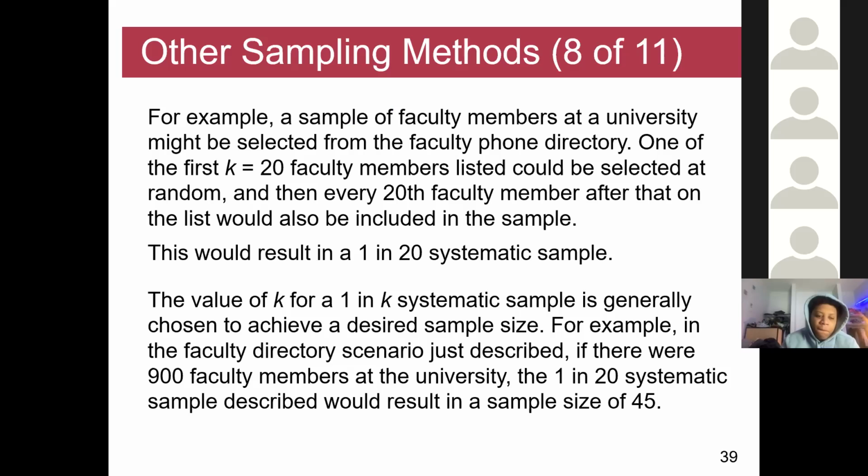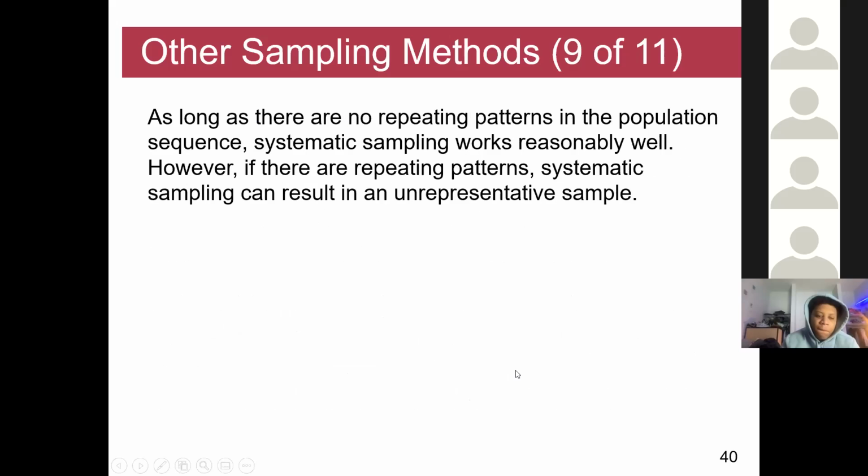If you randomly select a number from 1 to 20, and suppose it's 3, then you run your finger down to the third person on the list. That would be the first person selected, and then the 20th person after that would be selected. So 20 plus 3 is 23, the 23rd faculty member is selected, and then the 20 after that would be 43, like that. So that's how you would acquire your sample, and it describes here mathematically how it works in the slide.